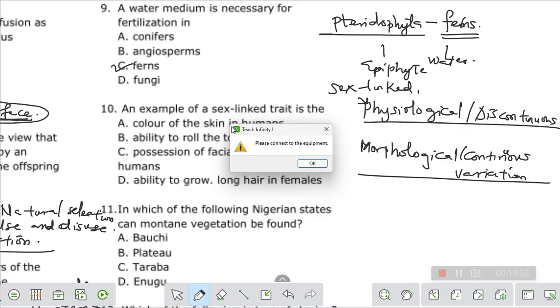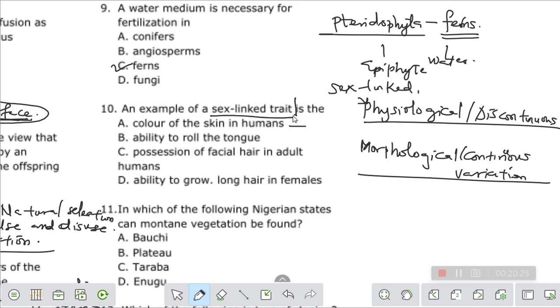Whenever you see a person, you cannot tell if this person can roll the tongue until the person rolls that tongue to you and you see it. Although this question is really not talking about morphological variation, sex-linked traits are different from morphological and physiological variation. Sex-linked has to do with things that have to do with X chromosomes.